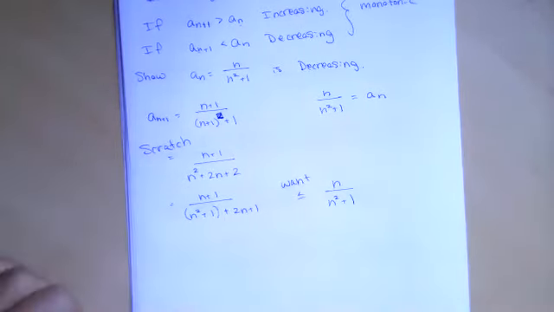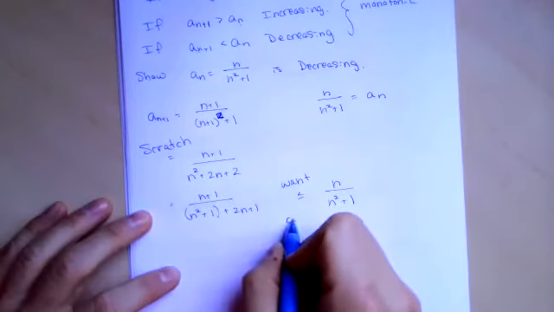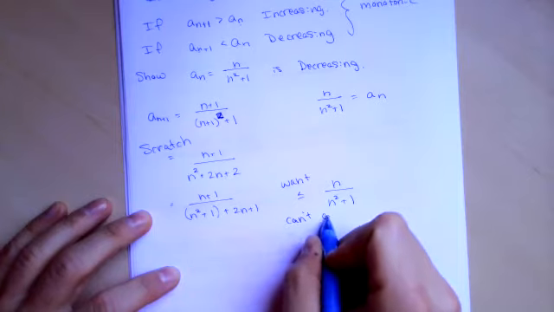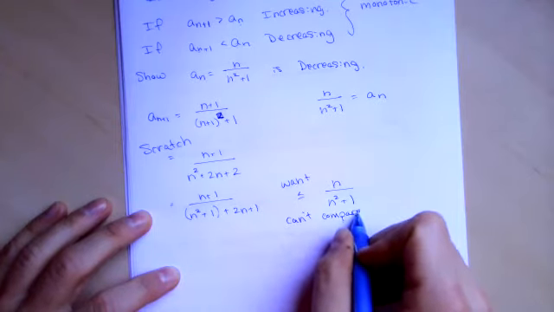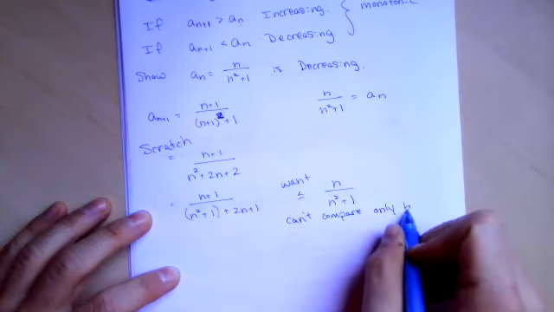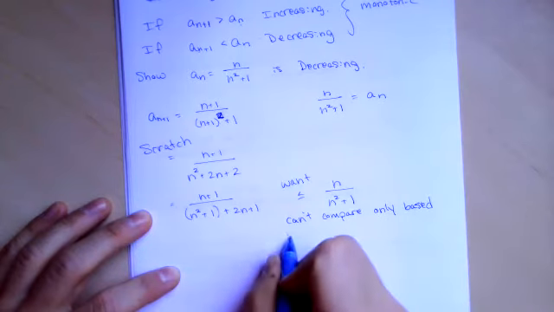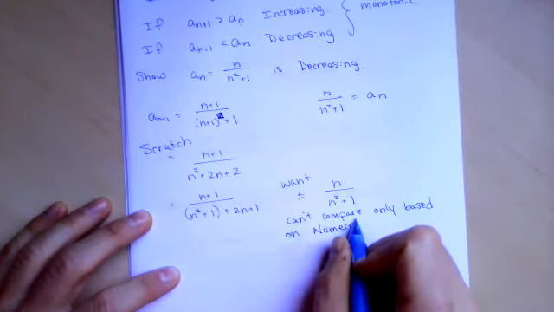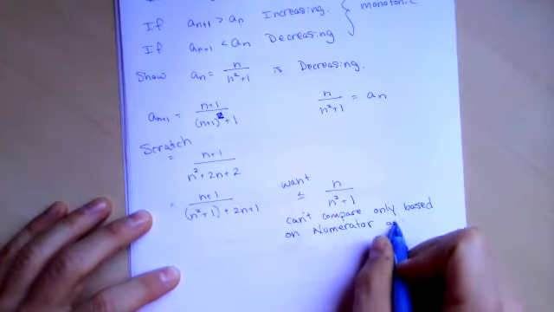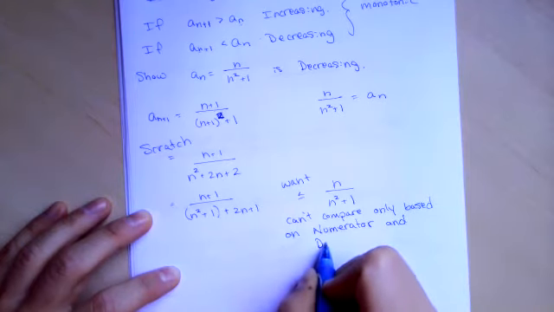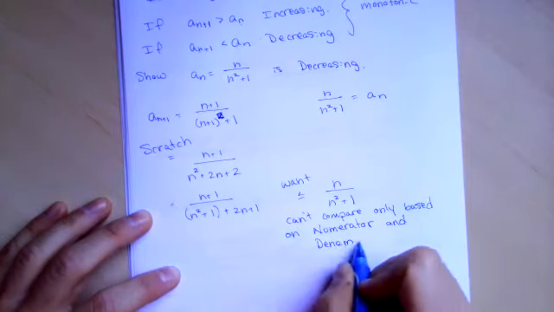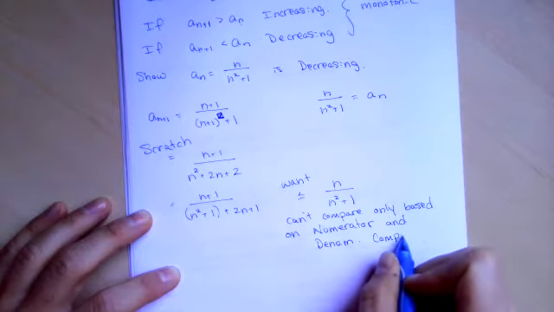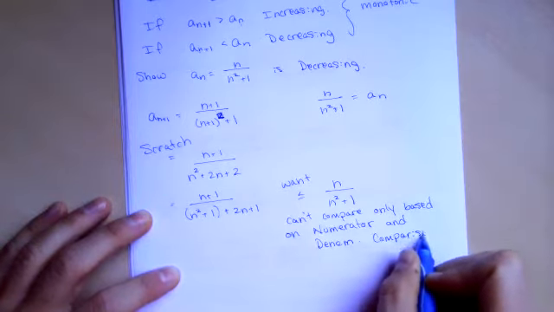So without doing some more advanced analysis on this, we can't do. So we can't do only based on a numerator and denominator comparison, at least at the moment. We would have to do a little bit more work, a little more algebra, analysis to get a little more technical with that.